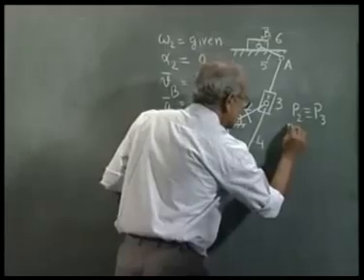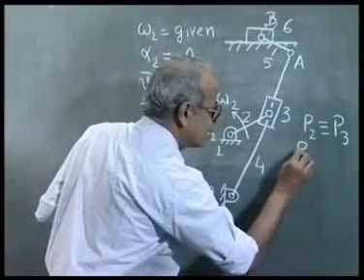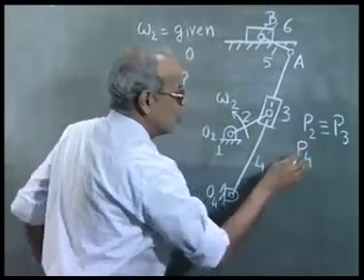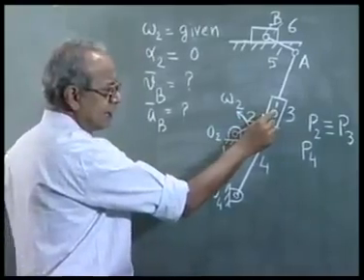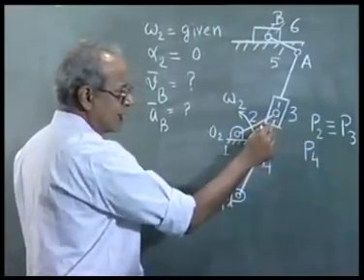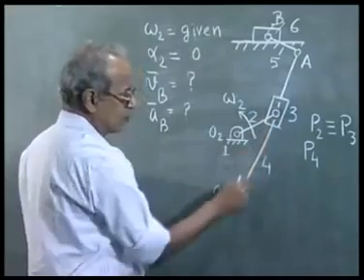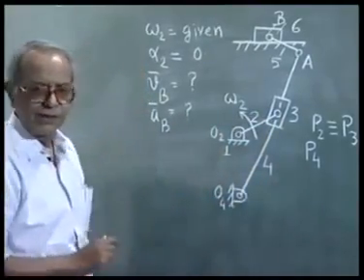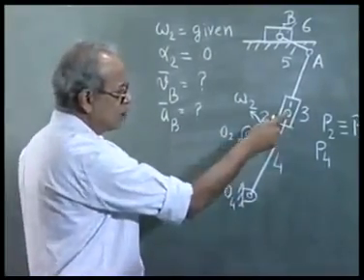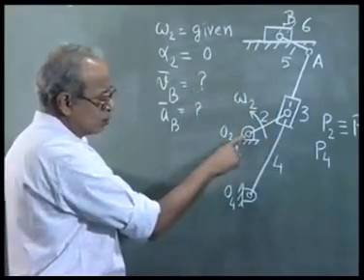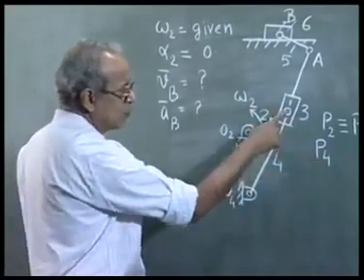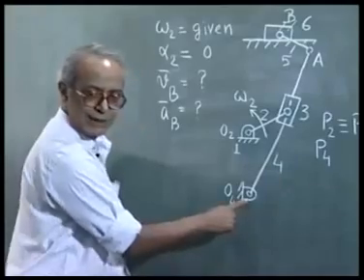We consider an instantaneously coincident point P4, which at this instant is here where P2 and P3 are, but P4 belongs to link 4. We should note the difference that P2 and P3 move on a circle with O2 as the center, whereas P4 moves on a circle with O4 as the center.